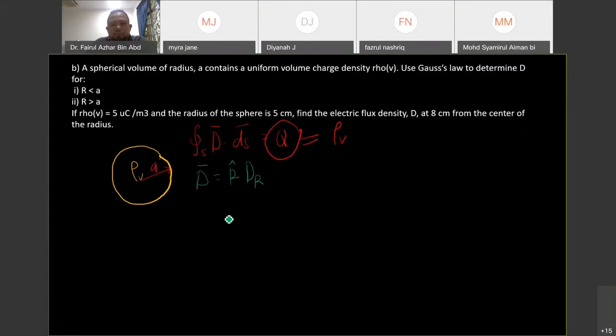Considering this is a spherical coordinate system, the expression for the surface dS is r cap r squared sin theta d theta d phi.